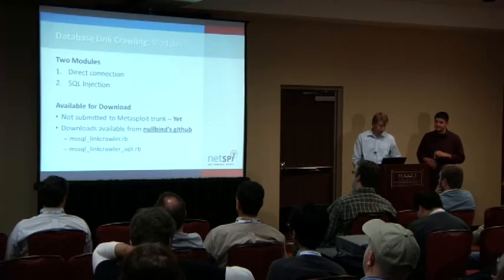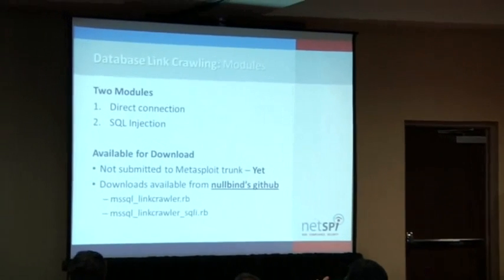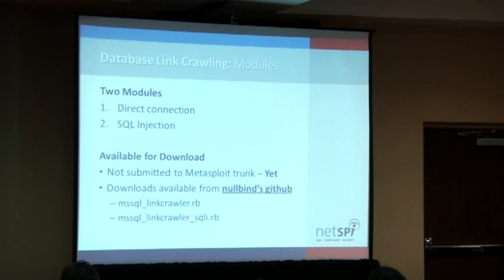To make this easy, we created two Metasploit modules. One with direct SQL connection, so if you have credentials to access the database, and another one with SQL injection. So if you find a SQL injection in an application, you can run the Metasploit module, and it supports error-based, union-based, or time-based injections, and it can do the same thing.